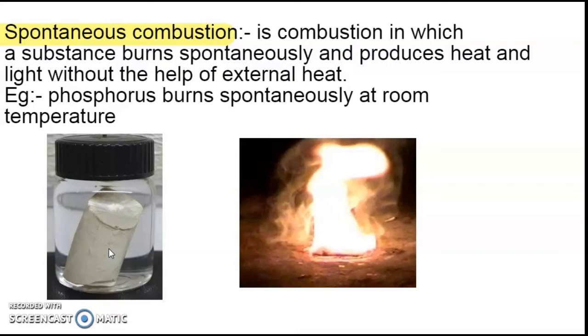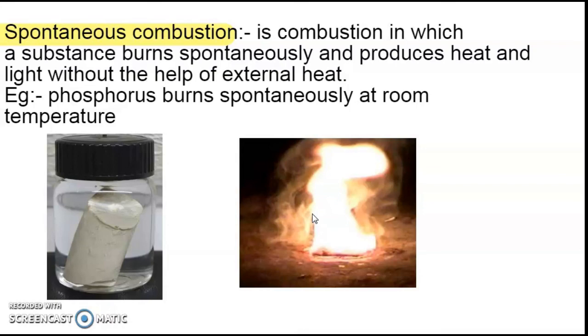How? There are certain substances around us like sodium and phosphorus. They react as soon as they come in contact with certain substances, and they react to produce heat and light. For example, phosphorus is always stored in water. Why? Because if you put phosphorus open in the atmosphere, in air, it would react with oxygen and burn spontaneously.